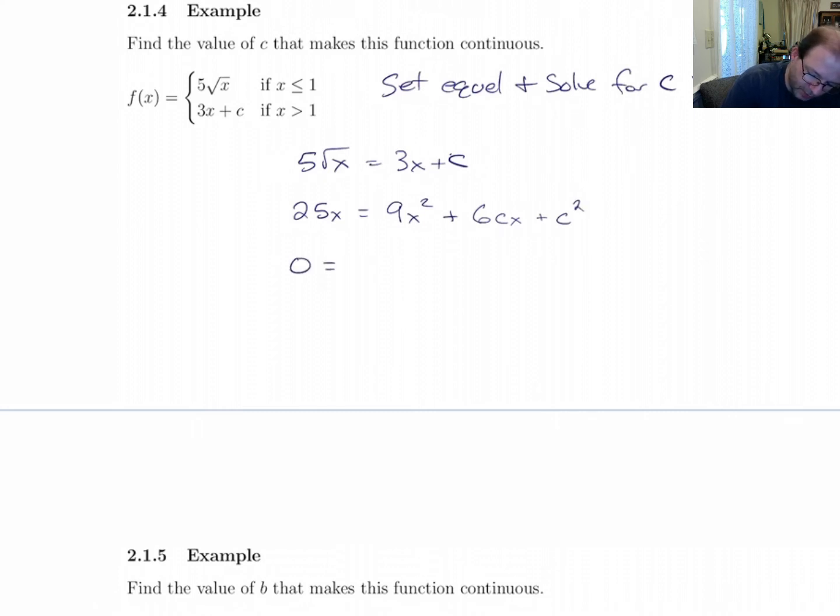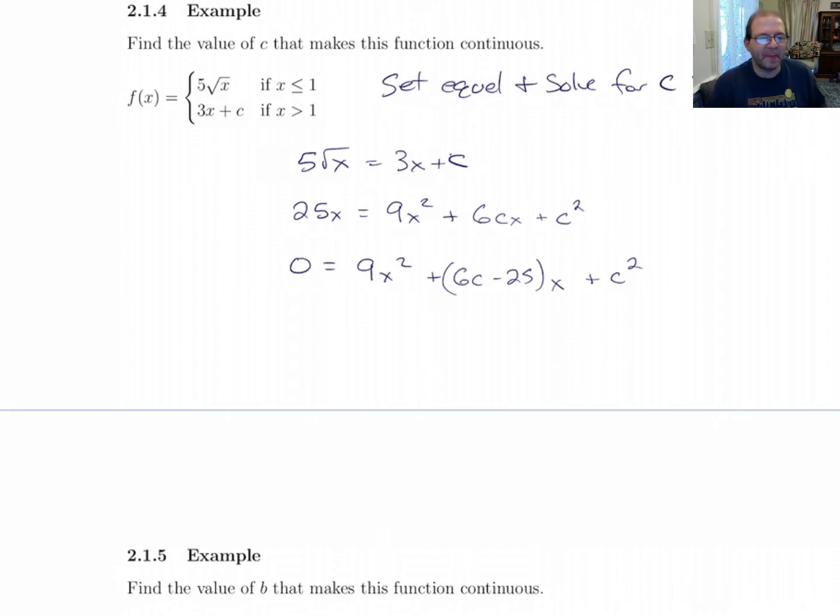Let's move this over so I get 9x squared plus 6c minus 25x plus c squared. Maybe I spoke too soon about this being easier to do, because we've got to solve this equation for C.